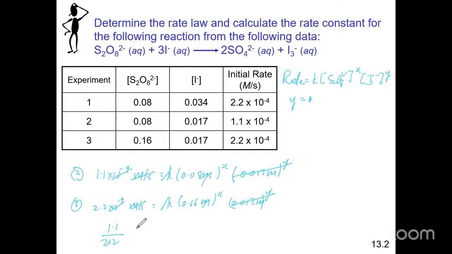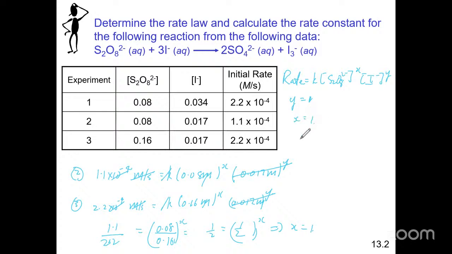And then that would be equal to 0.08 over 0.16. So that would be equal to 1 over 2, equals 1 over 2 raised to the, oh, this should be raised to the x, by the way. So again, x is equal to 1, right?